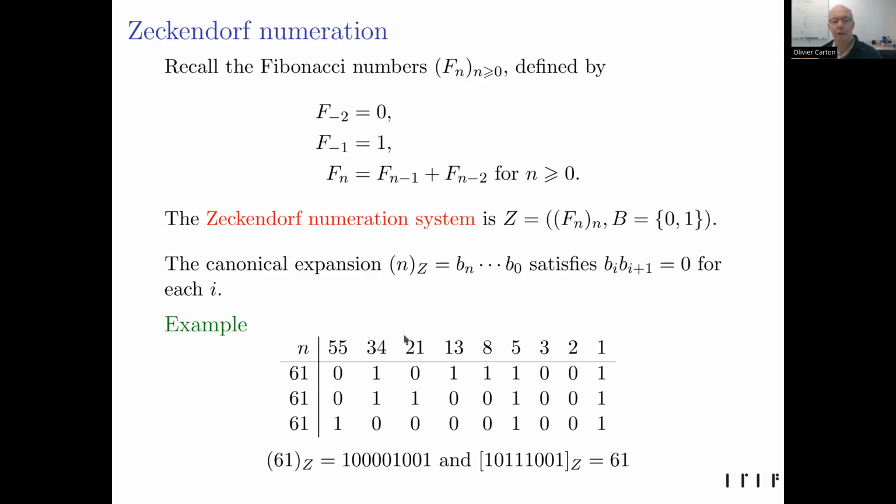And again, if we replace 34 and 21 by 55, we get 55, 5, and 1, which is the canonical expansion of 61 in the Zeckendorf numeration system.